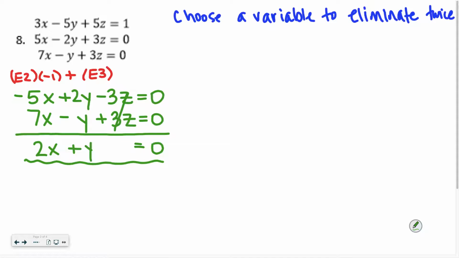And if I want the z's to be opposite in 1 and 2, then I would have to multiply our first one by 3 and our second one by -5.